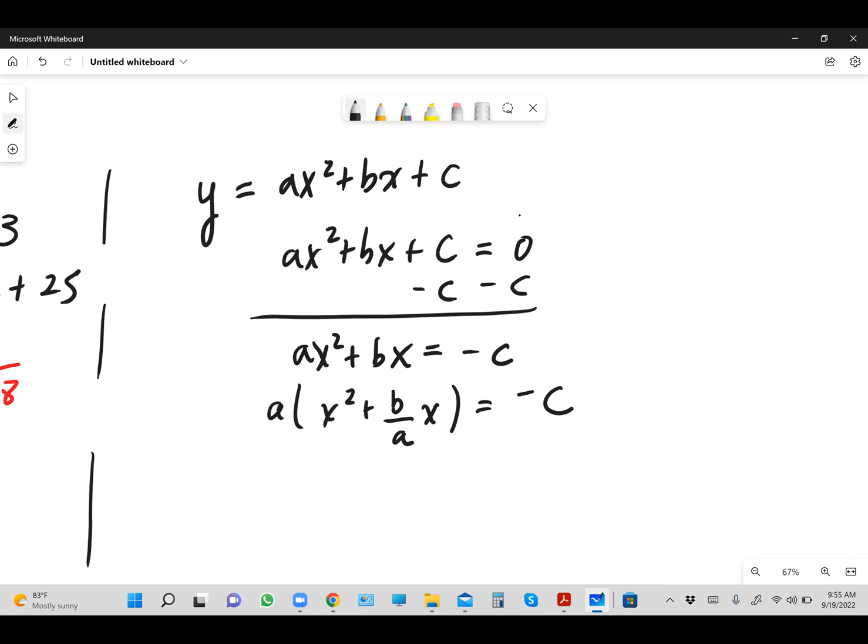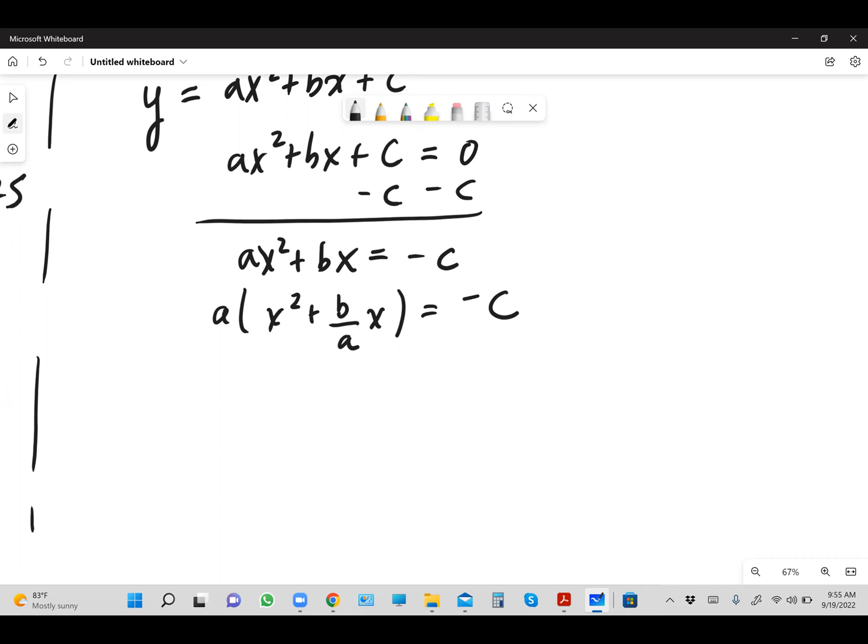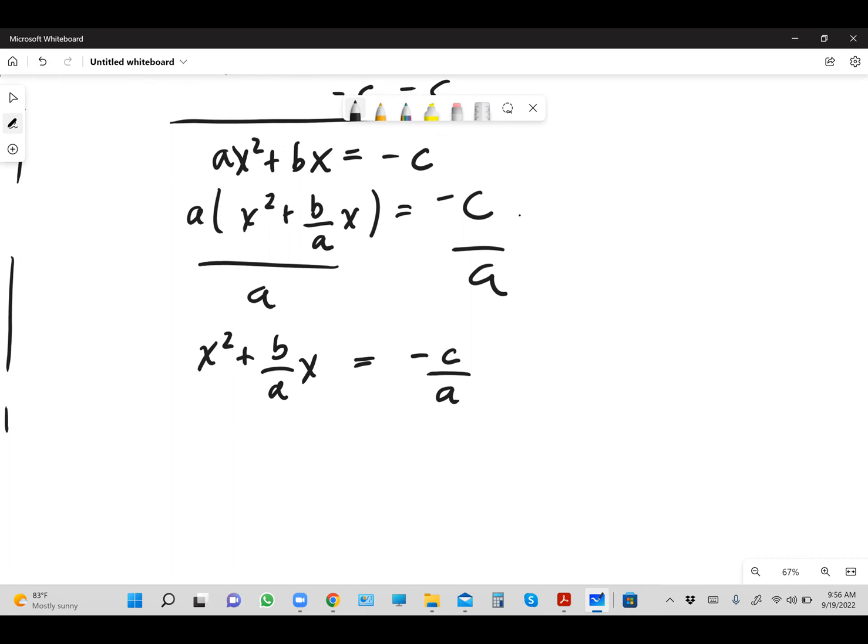Now, I'm trying to solve for x here, okay? So now I'm gonna divide both sides by a, because I gotta get rid of that a. So I'm gonna have x squared plus b over a x equals negative c over a. Do you see what I did there?